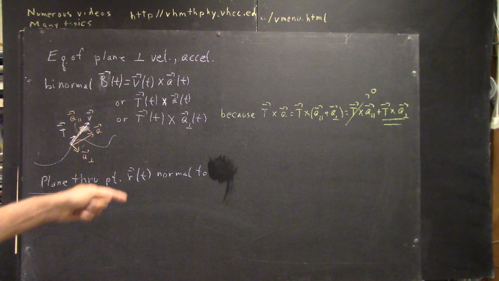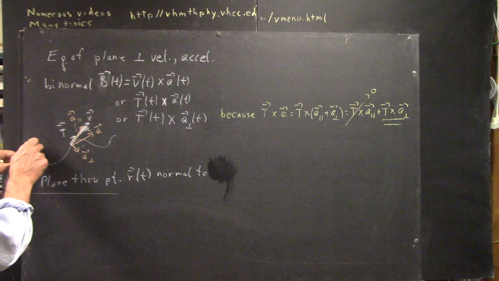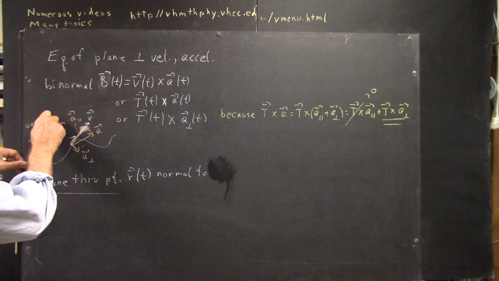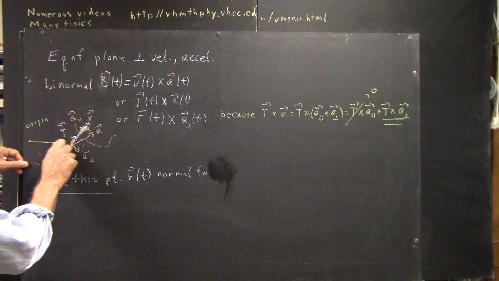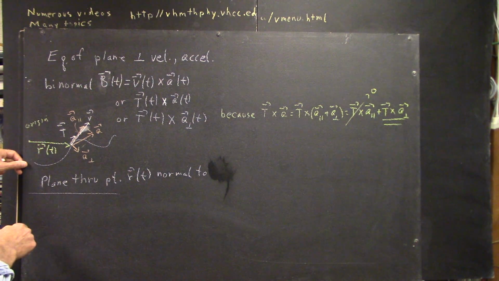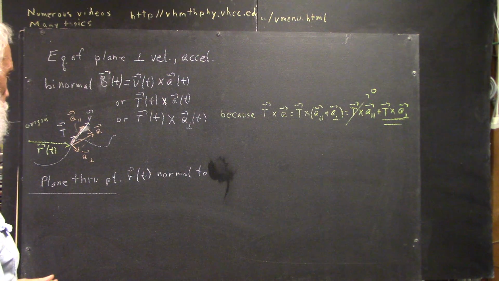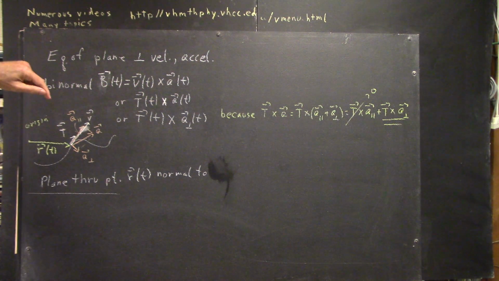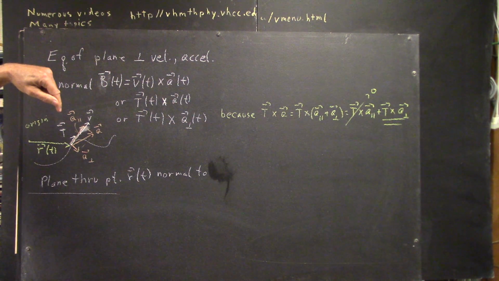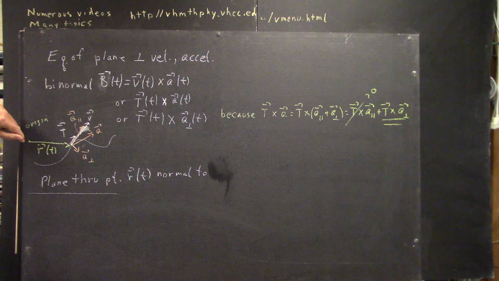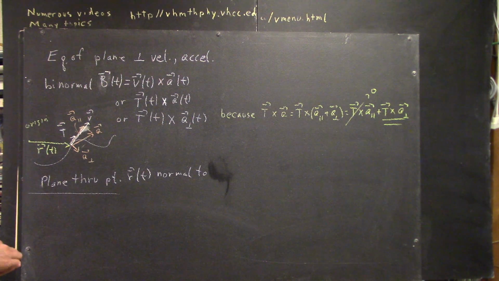Now there's no error in having written that down, but if this is the origin, then here's r of t. When I say a plane through the point r of t, I mean a plane through the point at the tip of the r of t vector, assuming r of t is rooted at the origin, assuming that its initial point is the origin.